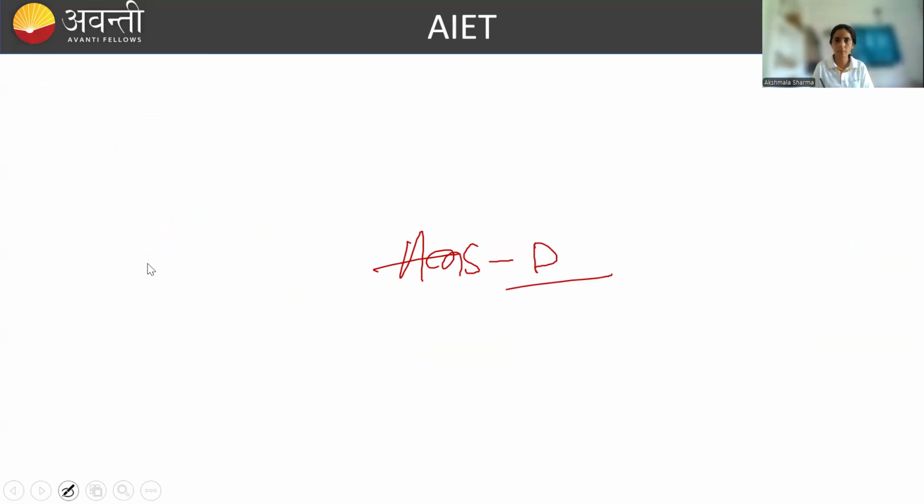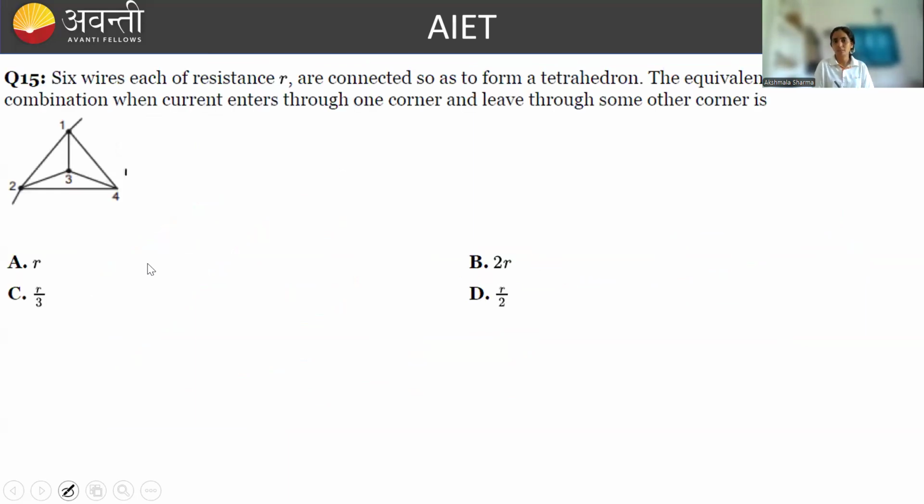Answer is D. Okay? Now again, ये जो system है यहाँ पे, let's read the question first. 6 wires, each of resistance R, are connected so as to form a tetrahedron. Find the equivalent resistance of the combination when current enters one corner and leaves through some other corner. ठीक है?